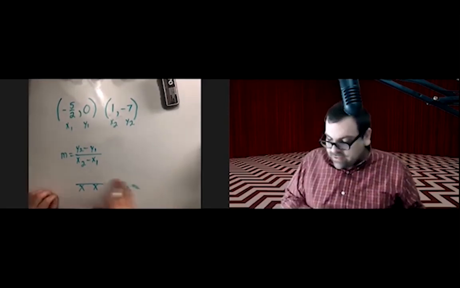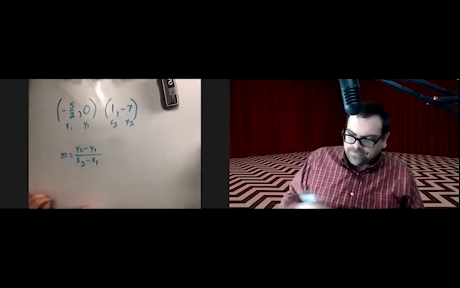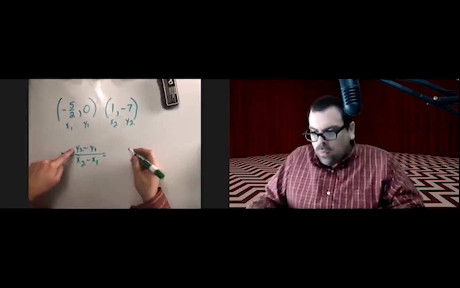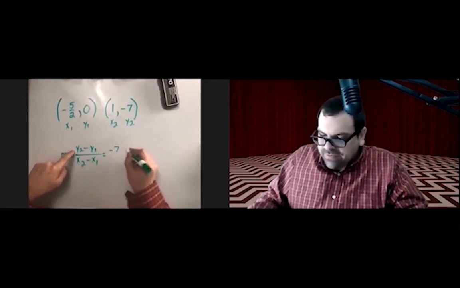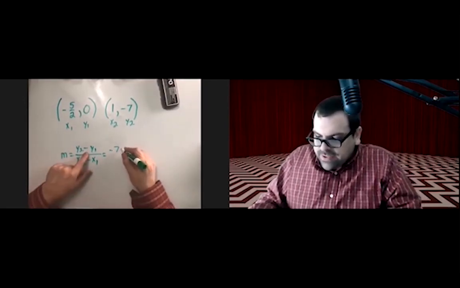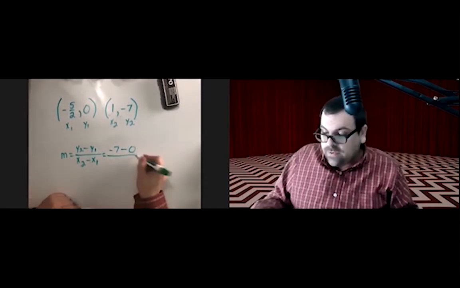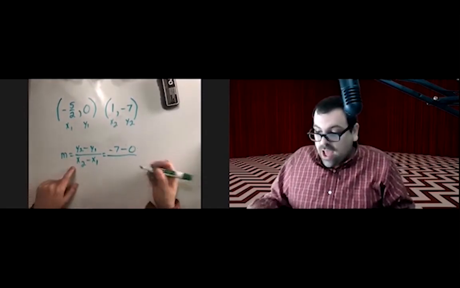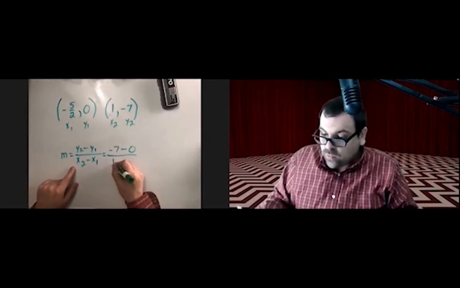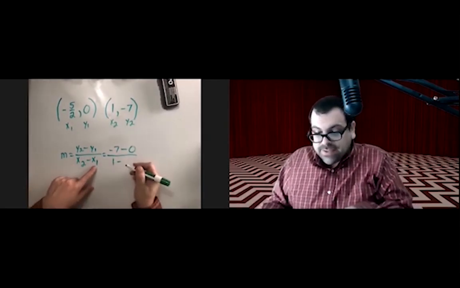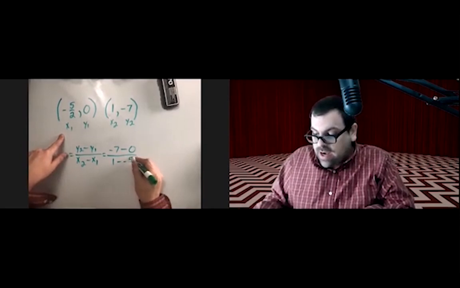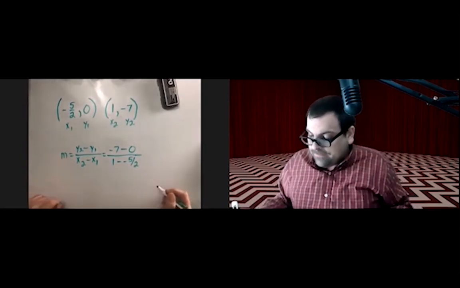So you want your x's on the bottom. y2 is -7 minus y1 is 0 over x2 is 1 minus x1, -5/2.